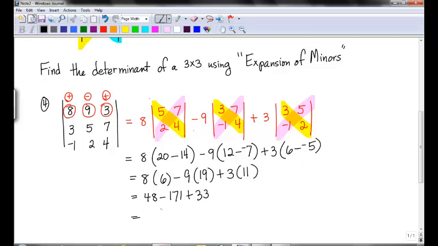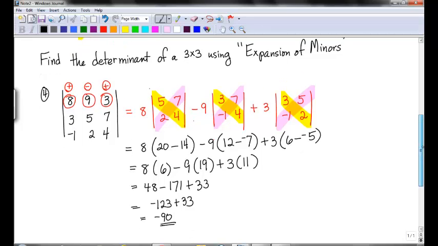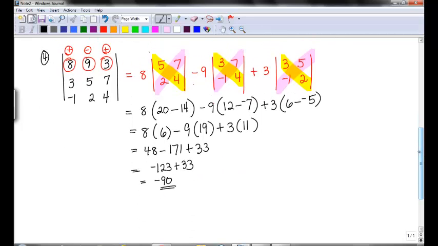And if you simplify 48 minus 171, it would be a -123 plus 33, and you get a -90. So the value of that 3 by 3 determinant is a negative 90.